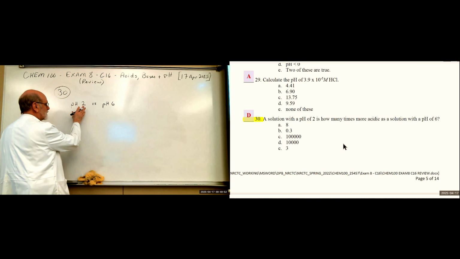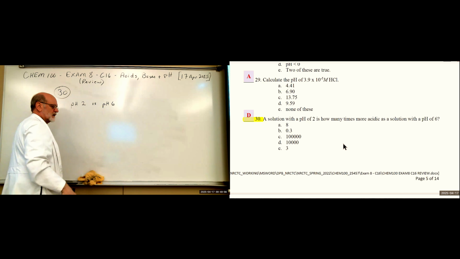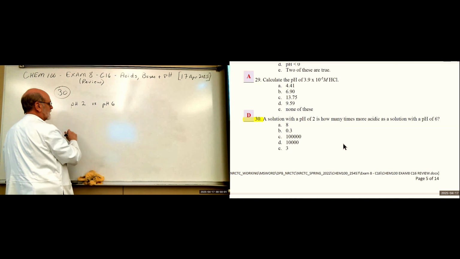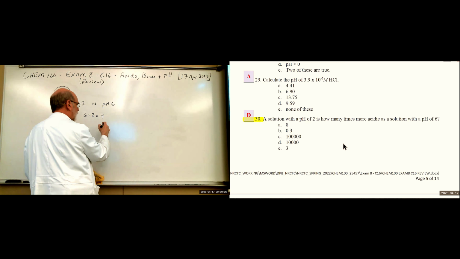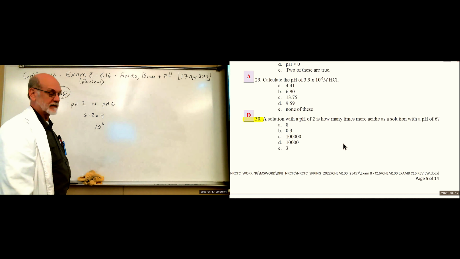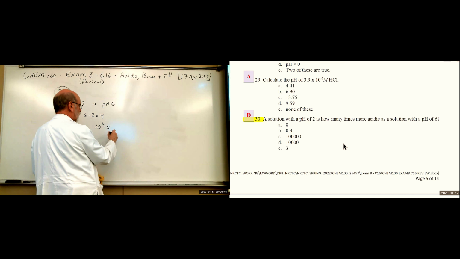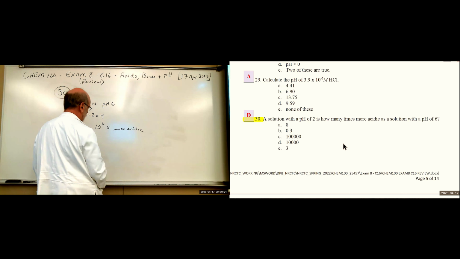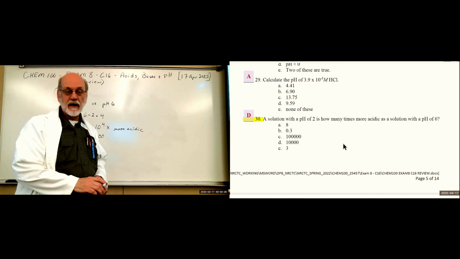If we go from 6 to 2, the difference is 4. 6 minus 2 equals 4. So 4 is 10 to the 4th power. The difference in pH of 4 is 10 to the 4th power times more acidic, which is 10,000 times. That would be D.